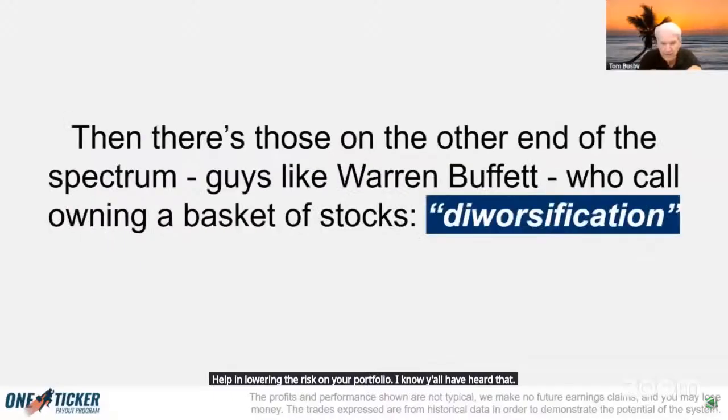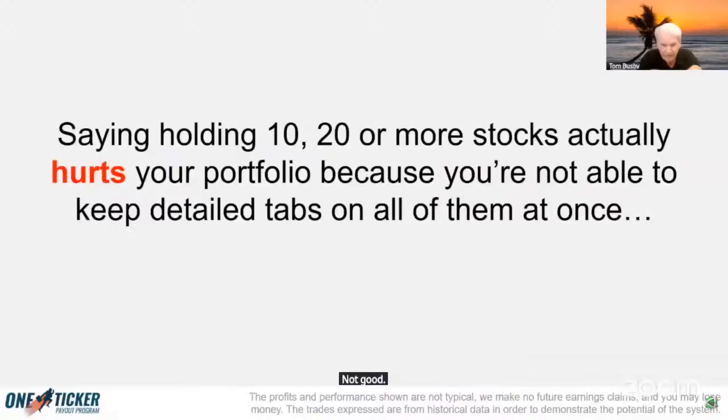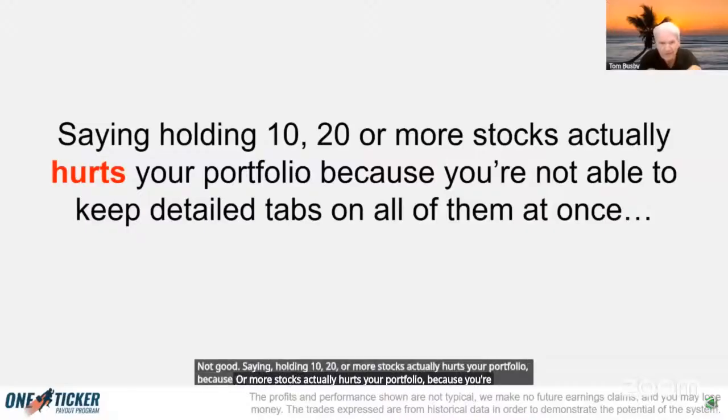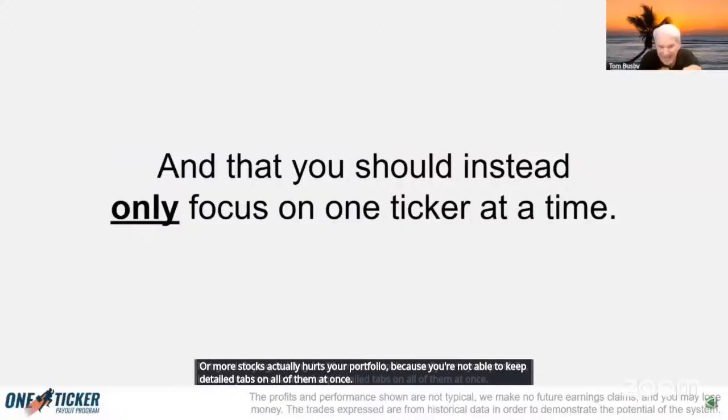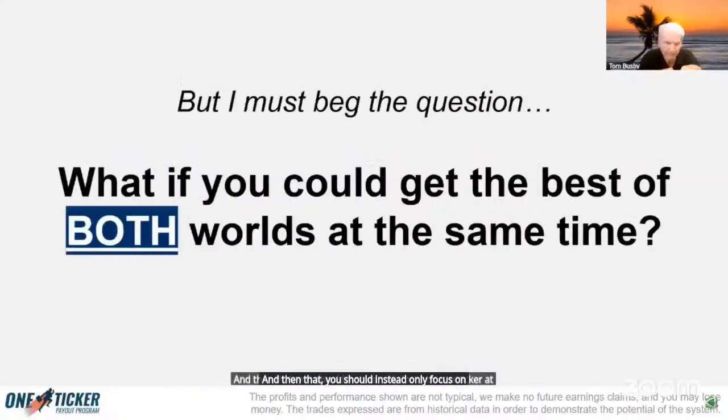Then on the other end of the spectrum, guys like Buffett call owning a basket of stocks not good, saying holding 10, 20 or more stocks actually hurts your portfolio because you're not able to keep detailed tabs on all of them at once. And that you should instead only focus on one ticker at a time.